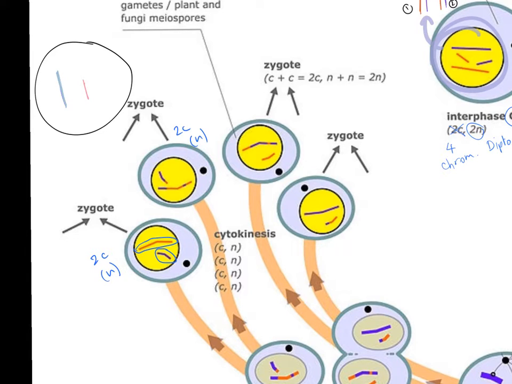Let's say this is the egg, and these are the sperm, and this joins with this.